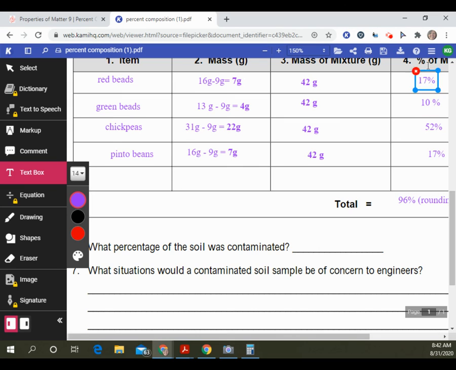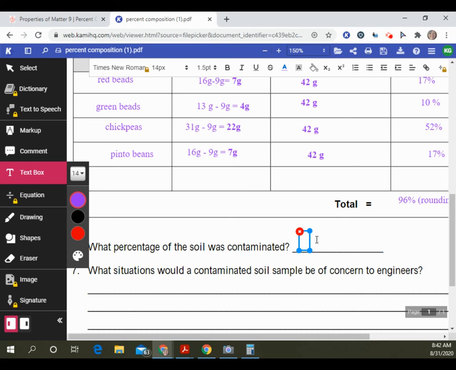So these two numbers together, 27% of soil. The rest of it, 52 plus 17, so that's 69% of it was contamination. Would that be a good soil to put a garden in? Would that be a good soil to let children play on? Depending on the contaminant, but I'm thinking probably not. So 67% of our soil was contaminated.